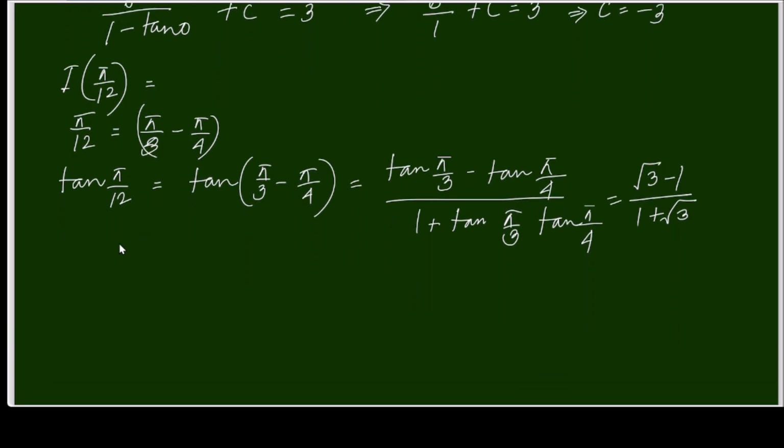So if we rationalize this, tan of pi by 12 equals (root 3 minus 1) over (root 3 plus 1), into (root 3 minus 1) over (root 3 minus 1).